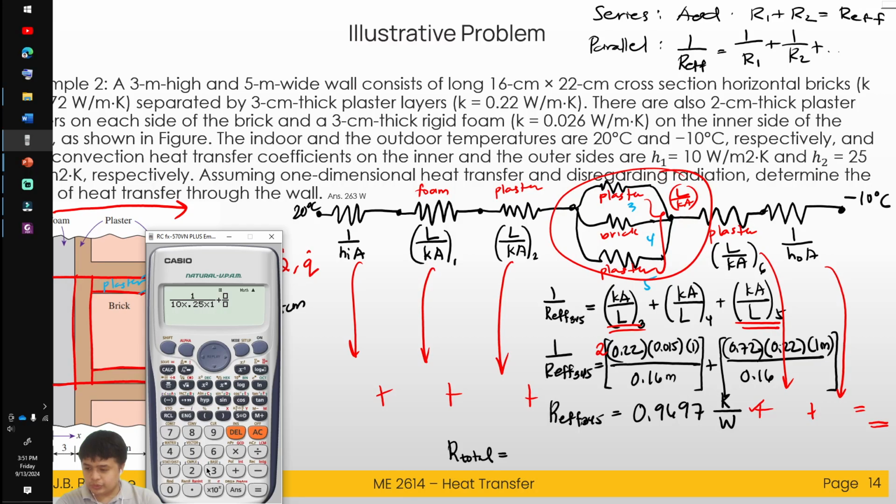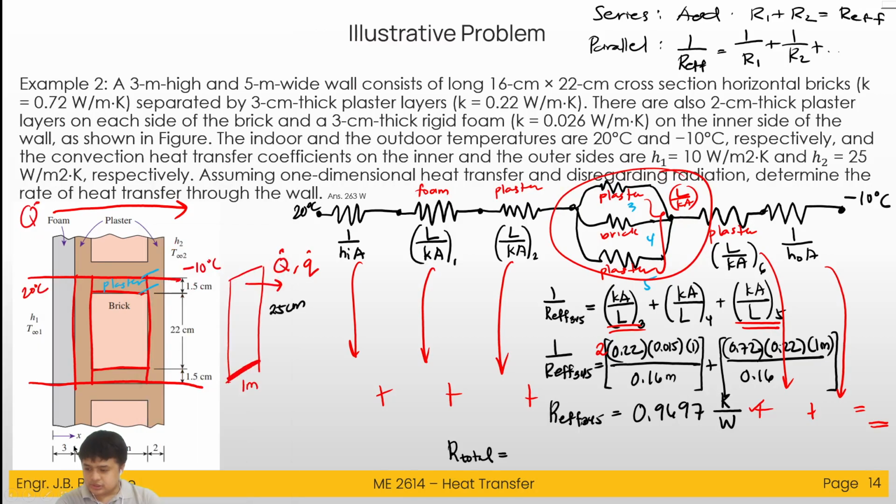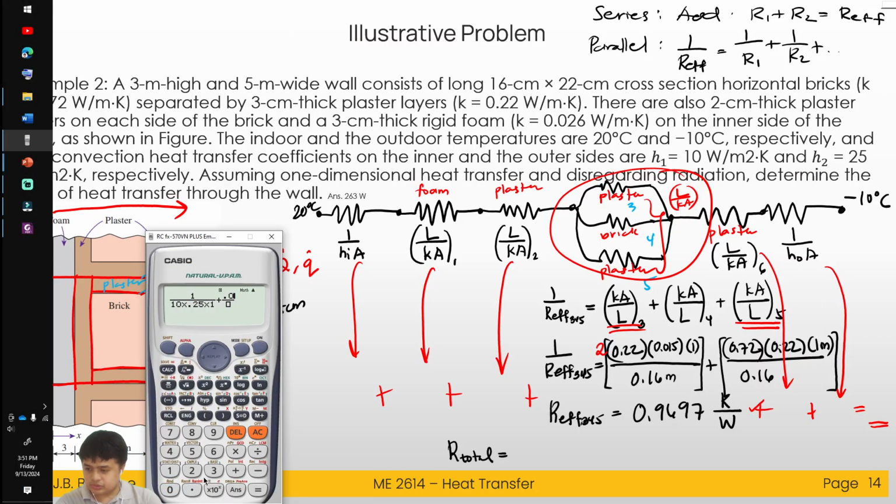For the foam, this is 3.03 meter, and then over kA, so the foam is 0.026 times area, 0.25 as well, since that is the height, times 1, plus the length of this plaster, 0.02.